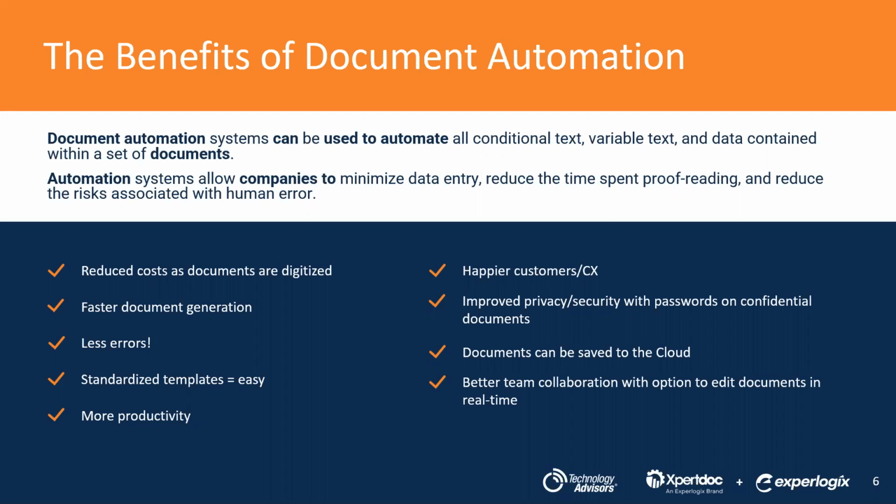Saving documents to the cloud and being able to collaborate on them with people in real time, that's really important. And then I want to circle back to this point on the right side about privacy and security with confidential documents. That tied in with the automation are two really key points for industries that have a lot of requirements and regulatory issues. So maybe you're in financial services or law or insurance.